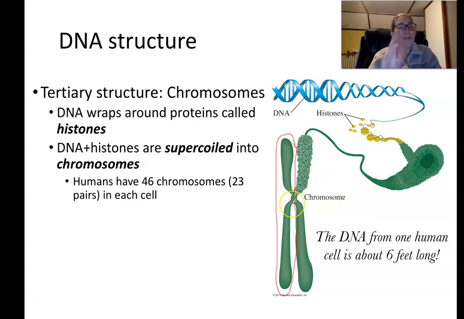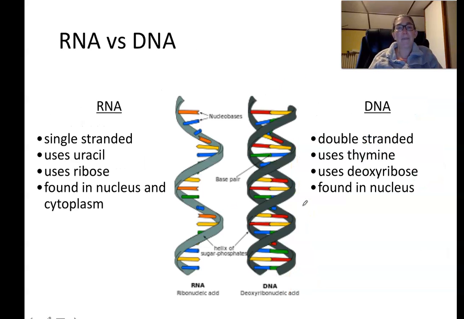But normally our chromosomes are just like a single line of tightly packed DNA. So humans have 46 chromosomes in each cell, 23 from mom, 23 from dad. So they have 23 pairs, which equals a total of 46 chromosomes in each cell.